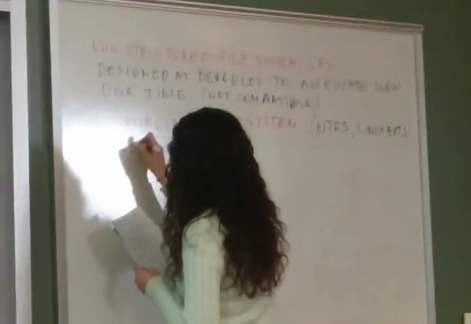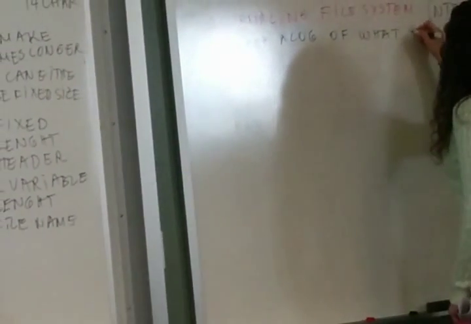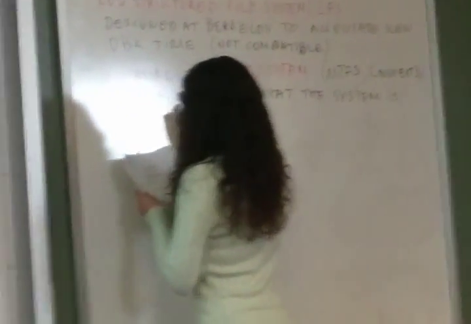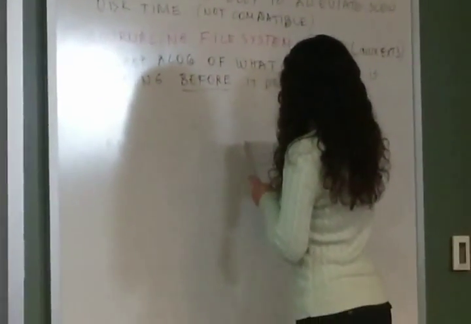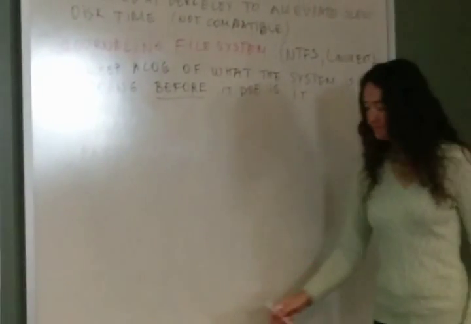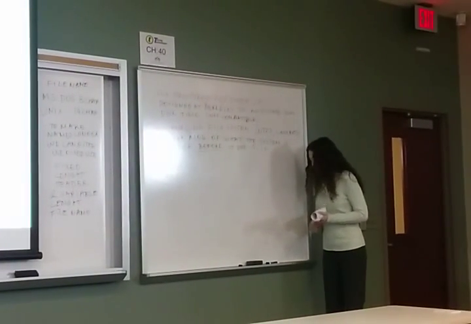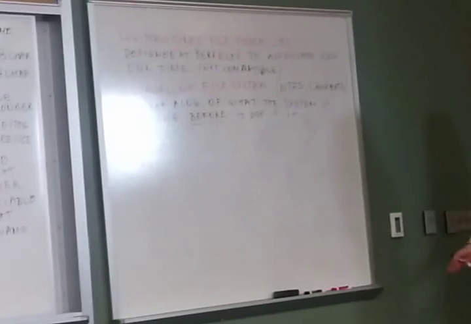So what this system is doing, it keeps a log file. It keeps a log of what the system is doing before it does it. Why would it do something like that? So it's about to make changes, create files, directories, set attributes, or anything else that it needs to do. It creates a log before it does it.